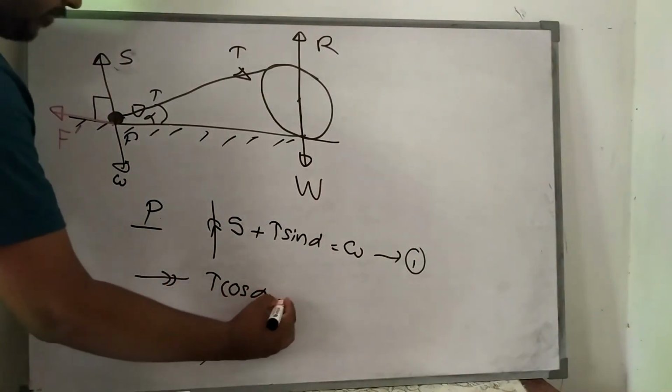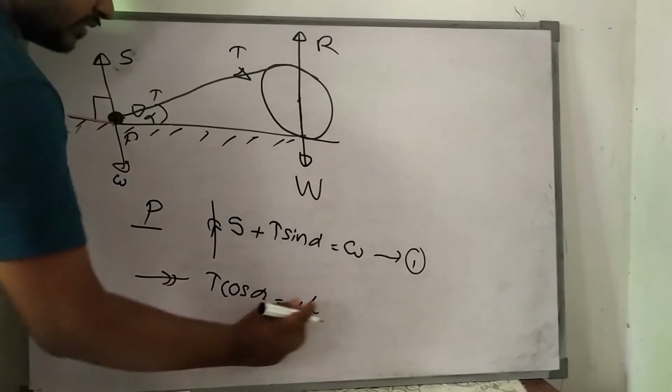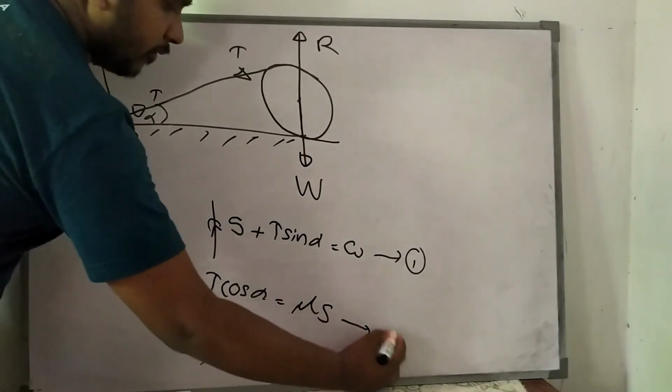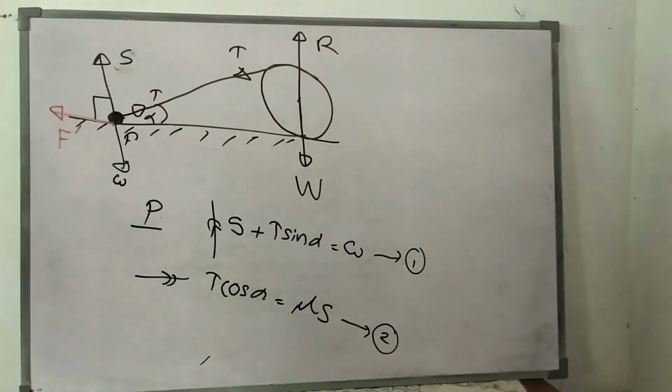T cos alpha equals F dash, which is mu S. So the next thing is you have to simplify it using the simultaneous equations.